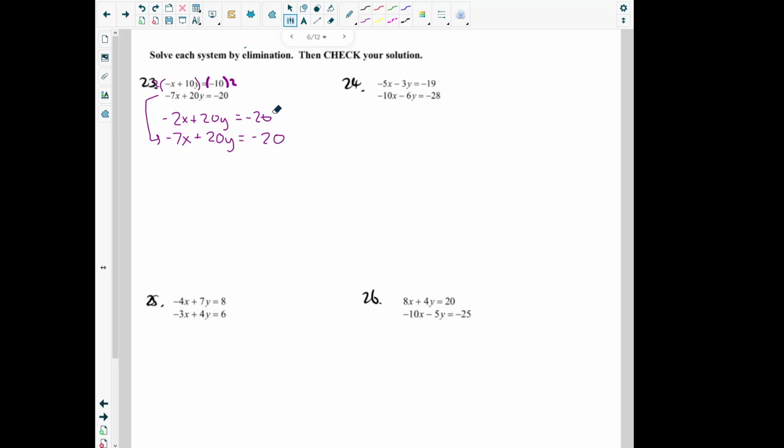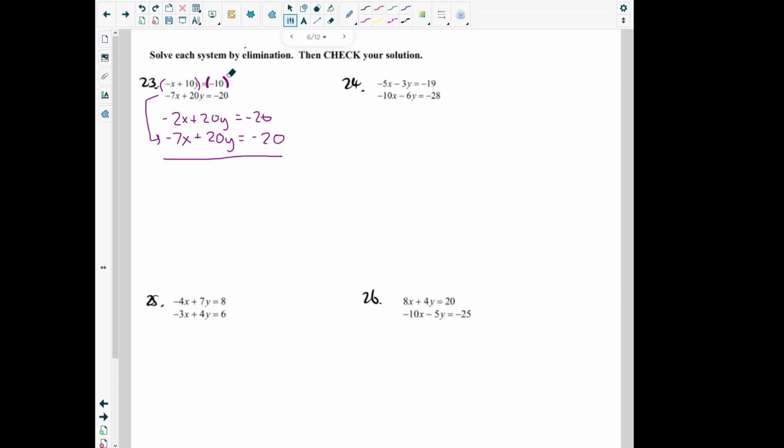Okay, so here's the problem with my mistake here. If I was to add these, I'd get 40y. I wouldn't get rid of a variable, and I'd get negative 9x. I wouldn't get rid of a variable. So the mistake was that I should have multiplied this by negative 2, not positive 2 on both sides. And that will get it so that our two variables are opposite.